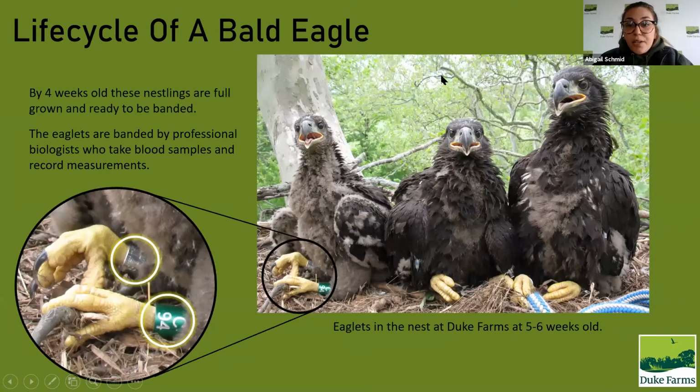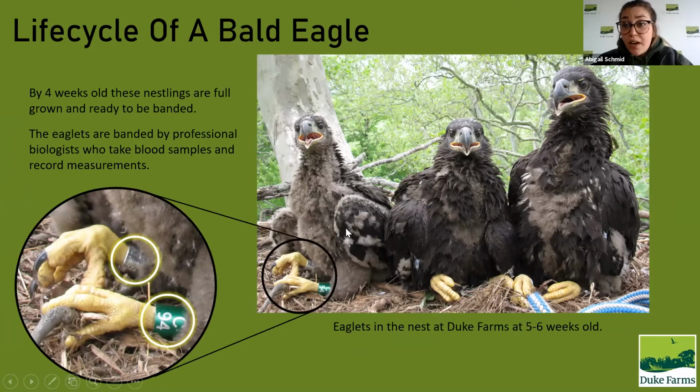Okay, so here's another photo from the Duke Farms nest. This year in particular, we had 3 eggs and all of them hatched. And you can guesstimate the order that these chicks hatched, right? This one that's first in the photo, it looks like it has a lot of that down still.